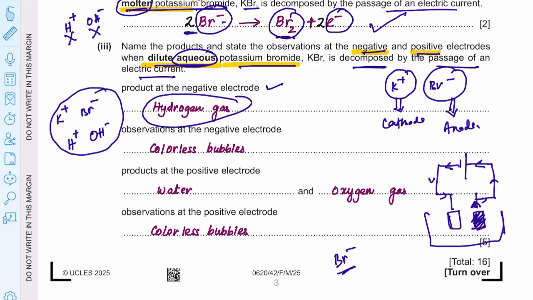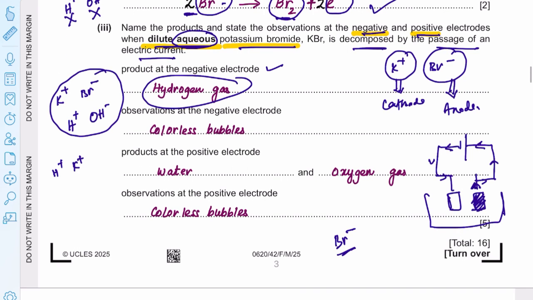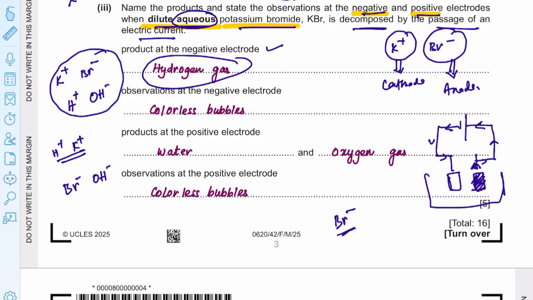The negative terminal will attract H plus and K plus ions, because opposite charges attract each other, right? And the positive terminal will attract Br minus, bromide, and hydroxide ions, that is OH minus. Did you understand clearly? Since it is a dilute solution, we'll choose ions to be discharged based on the electrochemical series. Did you get it?